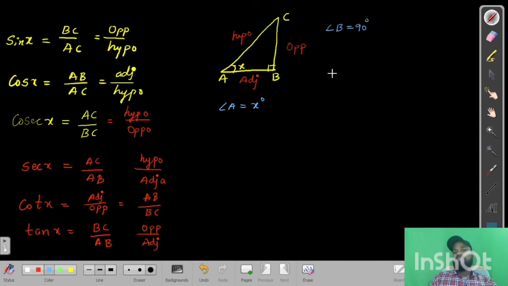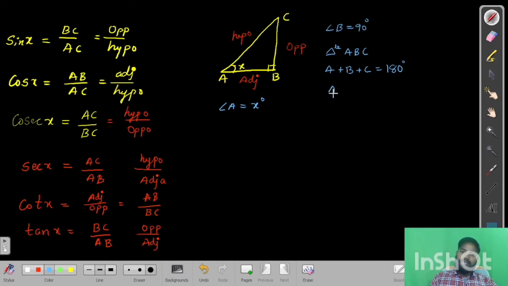We already know that according to the triangle formula, the sum of the angles of a triangle is 180 degrees. A plus B plus C equals 180 degrees. We know the angle B value, 90. Yes or no?